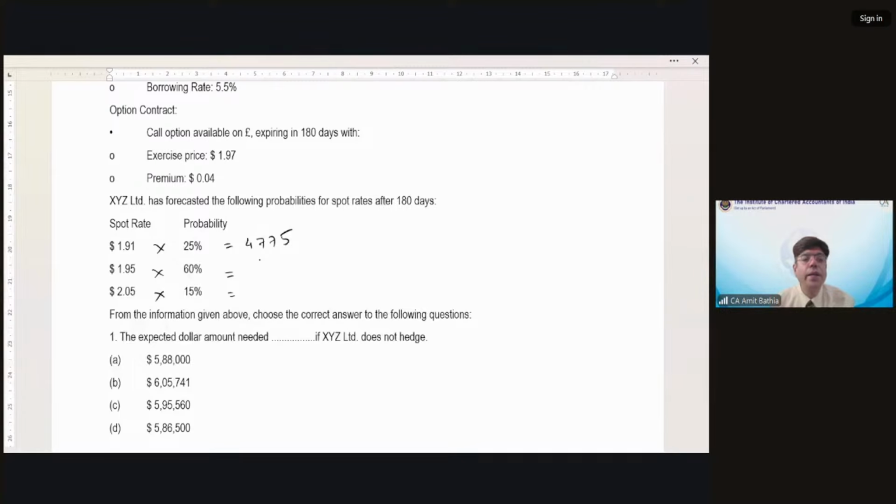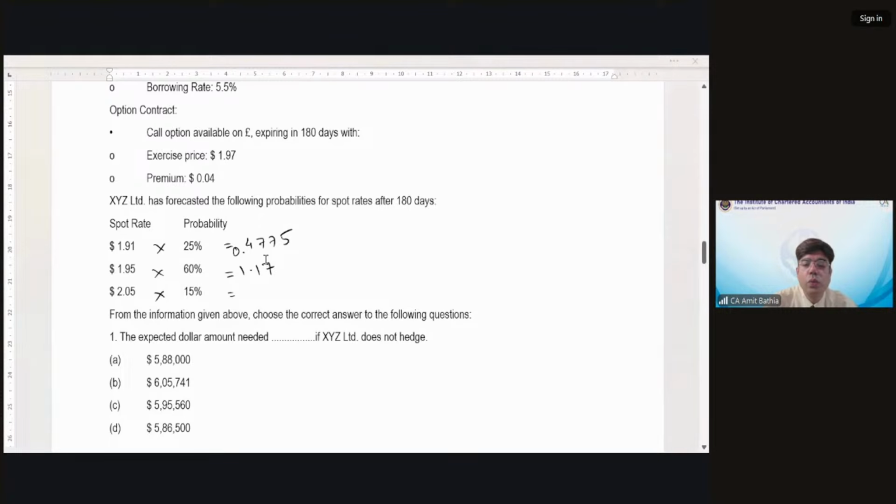0.4775. Next is 1.95 into 60%. So 1.95 into 0.6, that is 1.17.